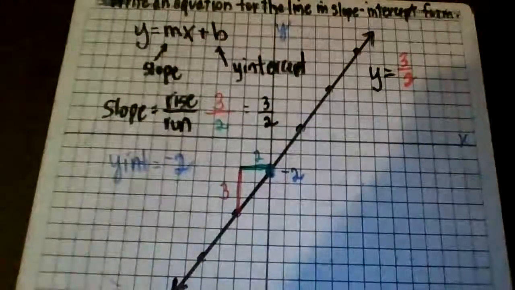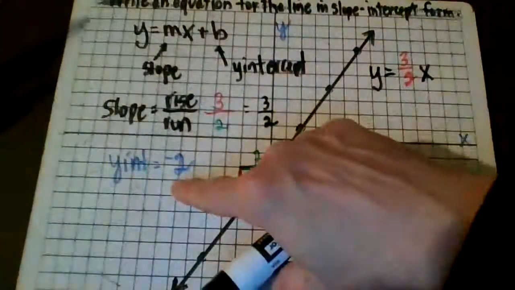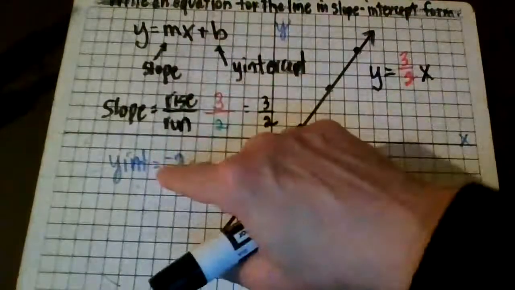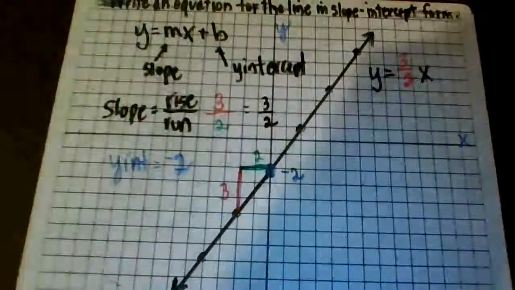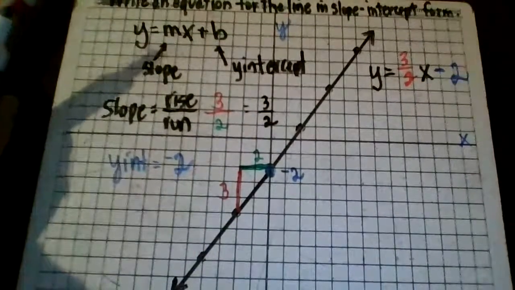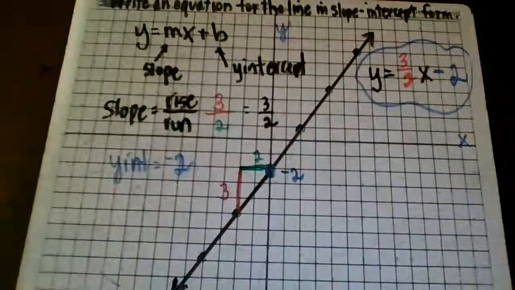And then I write the x, don't forget, always have to have the x. And then my y-intercept is my b. Now notice it says plus, but my y-intercept was negative, so I'm just going to make that -2. And there's my equation. Y equals 3/2 x minus 2.